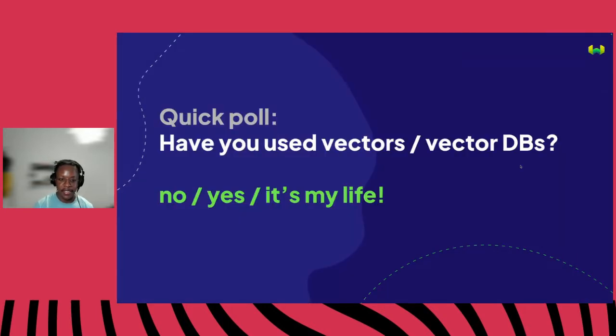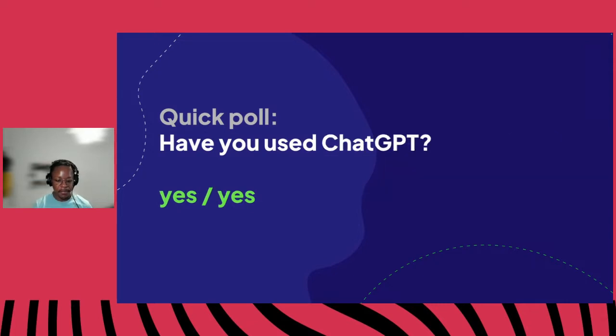Again, I think I did ask, have you ever used a vector database? Definitely drop something in the comments if you haven't. I definitely use them quite a bit. And have you used ChatGPT or any chat application? I think there's a really interesting one from Mistral called La Chat. At this point, you probably have. I wouldn't be surprised.